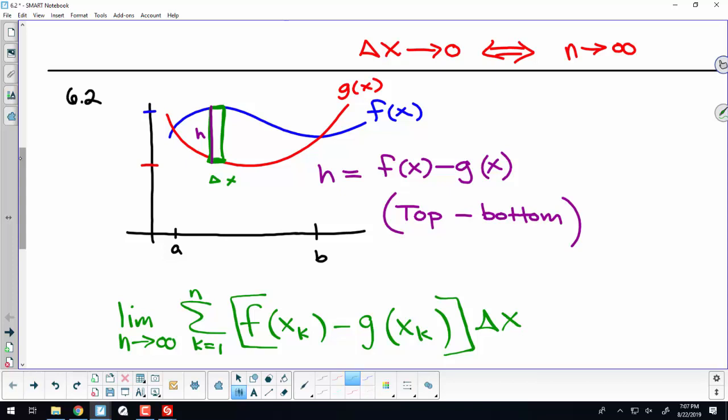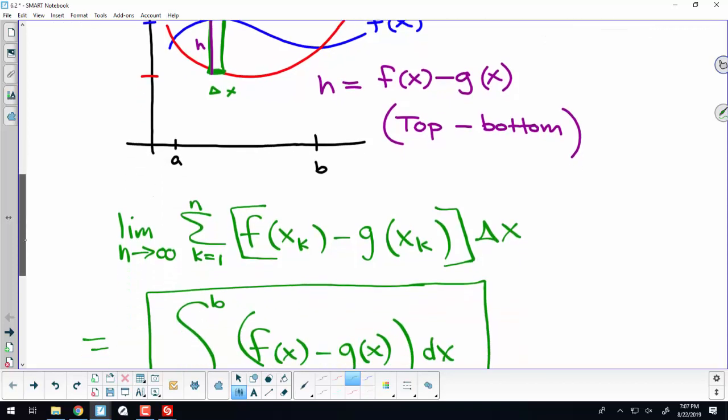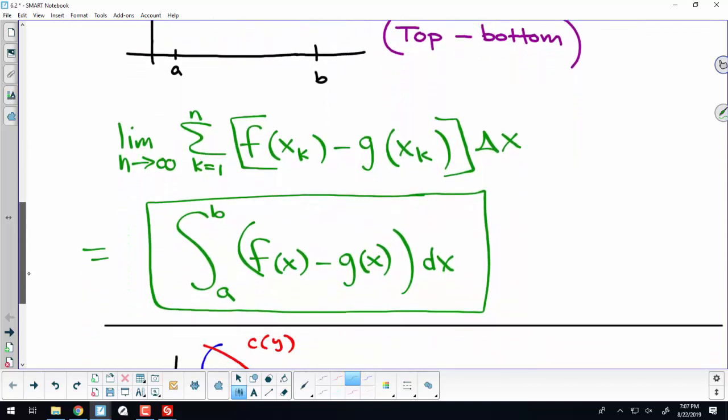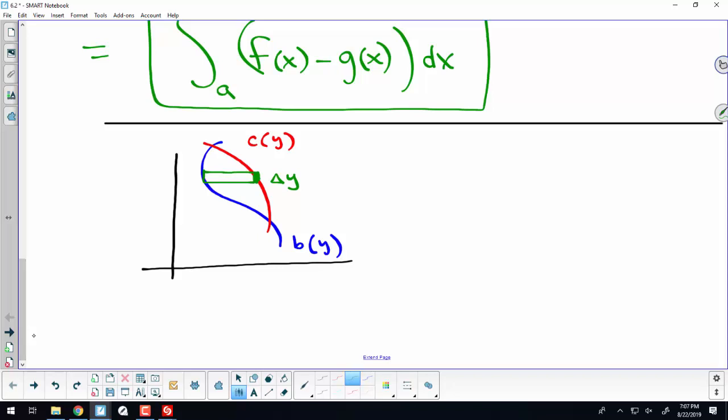That becomes a huge issue in 6.3 and in 6.4. It's really one of the most important things in setting up those types of problems: knowing which variable to integrate with respect to, because that tells you which other variable you should solve for. So vertical slices dx, or horizontal slices dy.